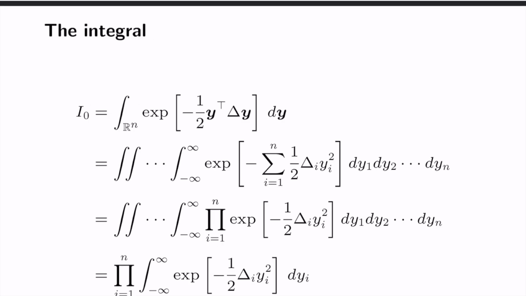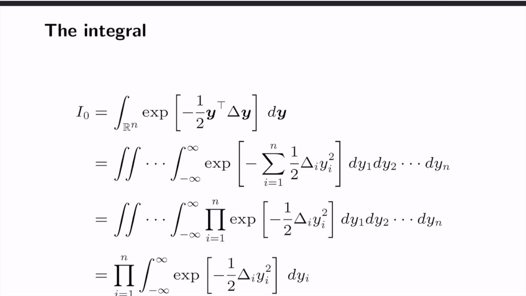Here's the calculation. The integral we want to find is now this. Because of the change of variables, we now have y instead of x, and instead of gamma, we have delta here. But this one becomes just this summation, and the exponential of a sum is a product of exponentials.